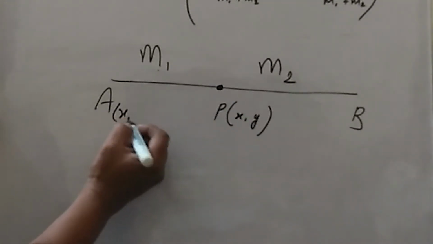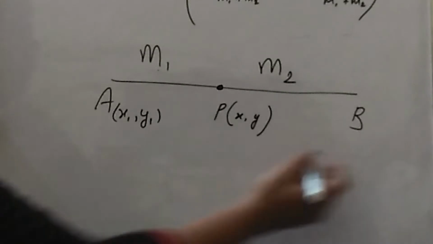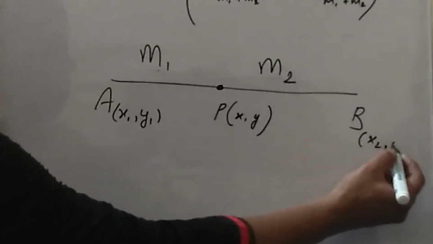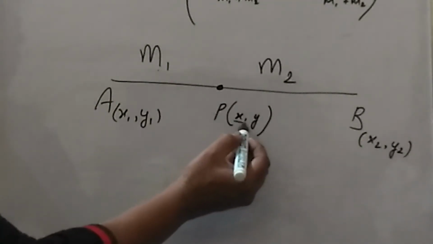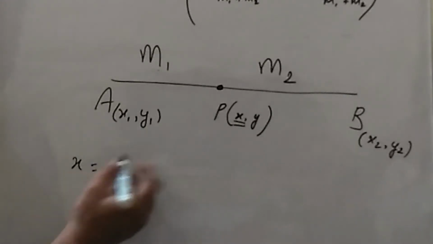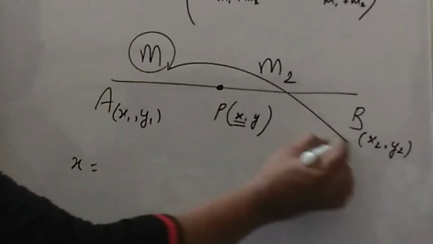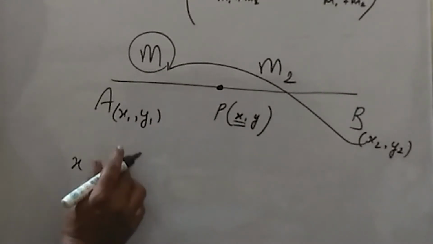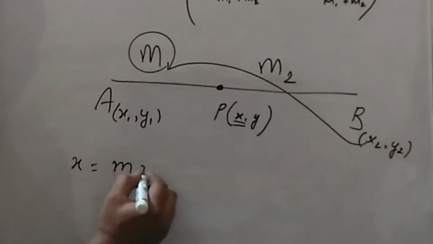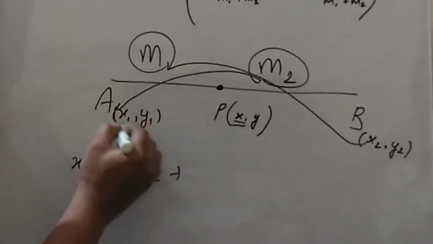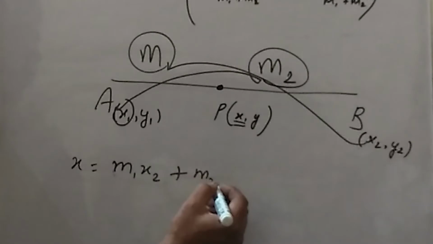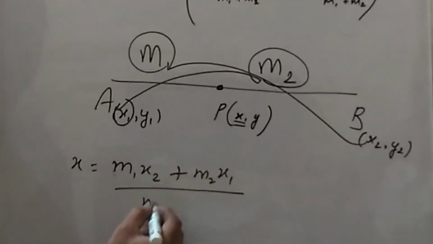This one is x1, y1, and this point is x2, y2. So now you will write: x is equal to m1 into x2 plus m2 into x1 upon m1 plus m2.